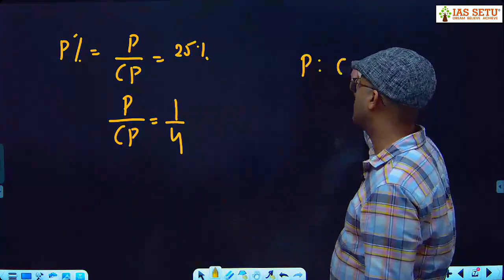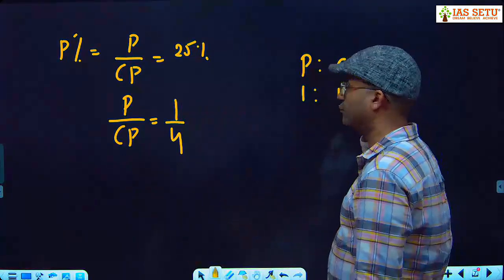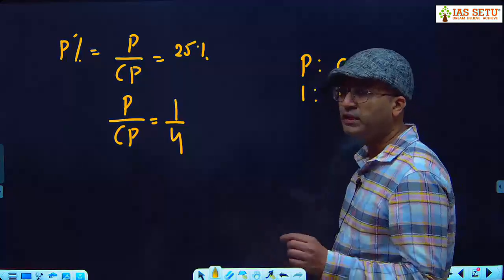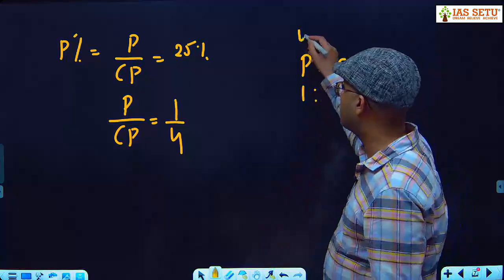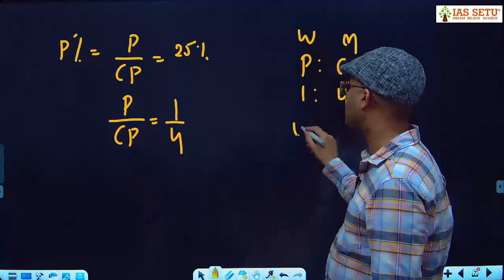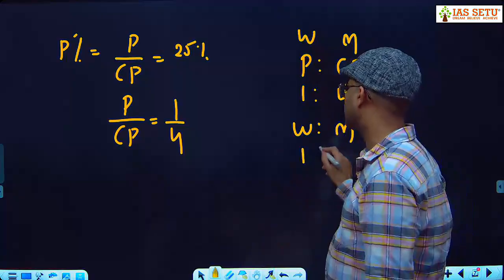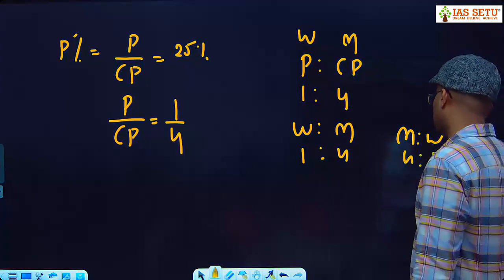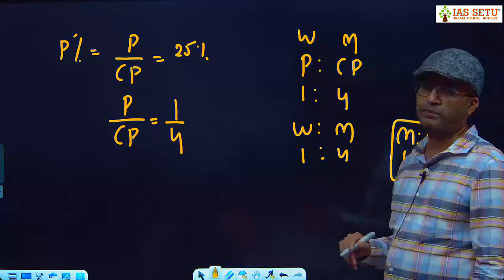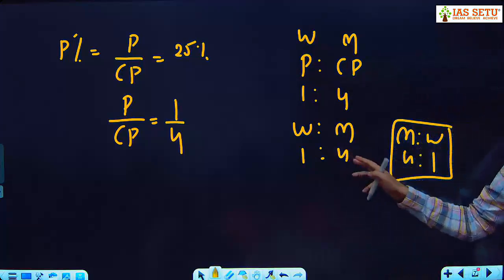P is to CP is 1:4. And when the milkman makes profit only because of adulteration, profit is water, cost price is milk. So here water to milk ratio is 1:4, milk to water ratio is 4:1. So here the ratio of milk and water is 4:1.